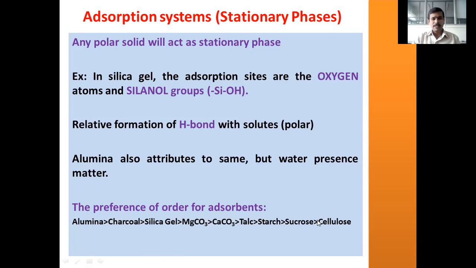If water is present, the relative activity of these adsorbents will be disturbed, so it is better to make these adsorbents free from water, because water is also highly polar. If you consider silica gel without water and starch with water, starch will become more polar than silica gel. This is how polarity is affected in the presence of water.